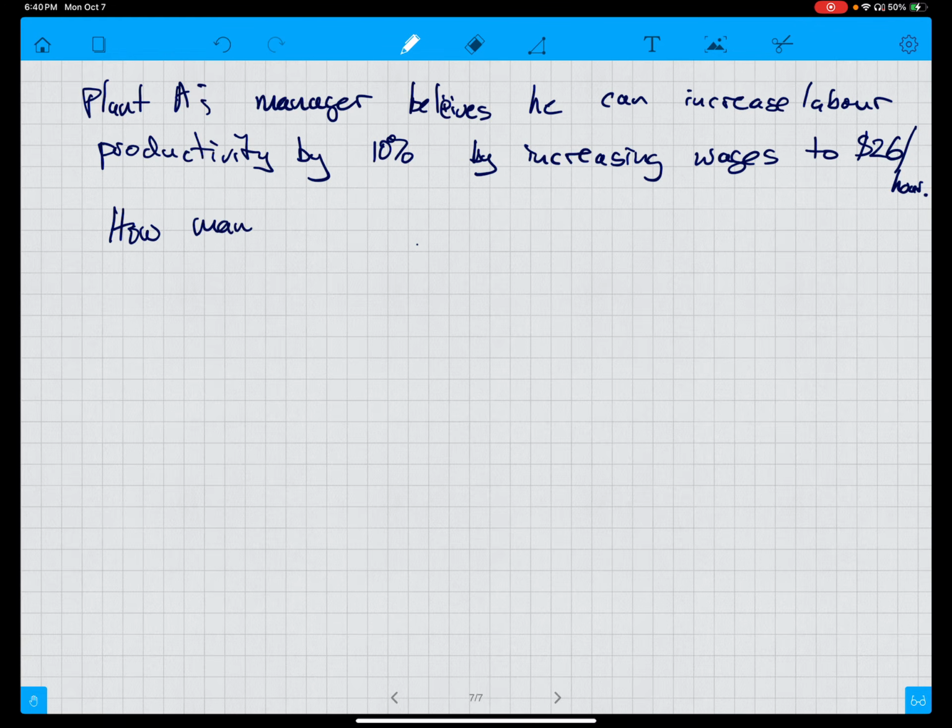How many bats can they now make in a week?